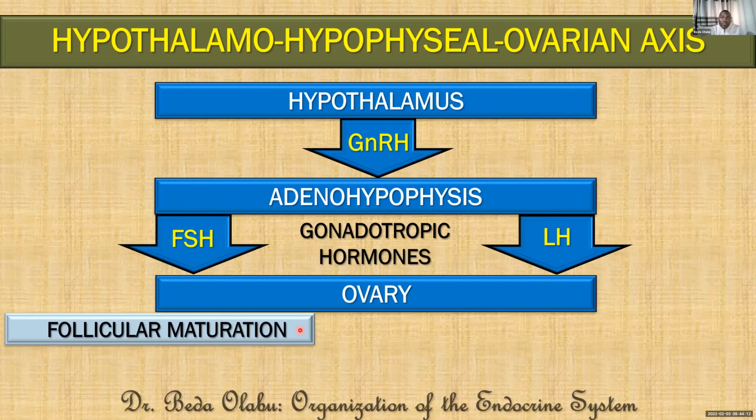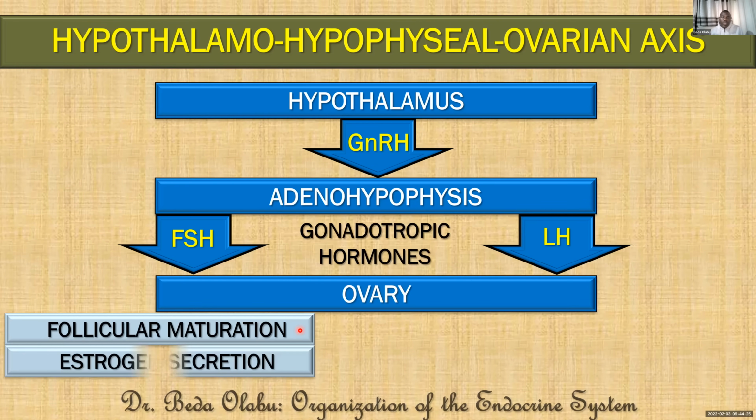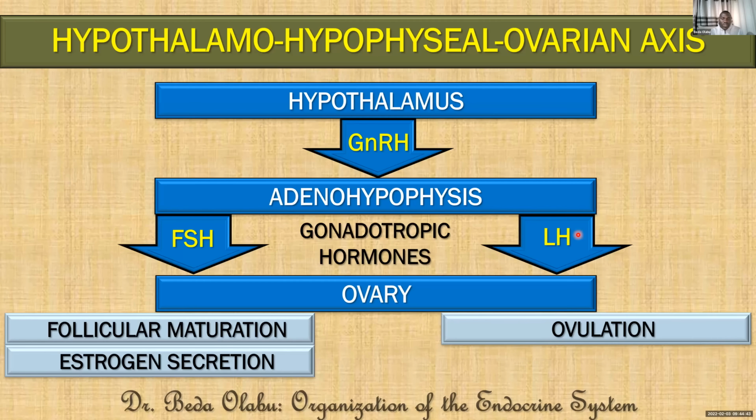As the follicle becomes bigger and bigger, the number of follicular cells or granulosa cells increases, and that means increased production of estrogen. And so FSH can be described as stimulating estrogen secretion. That is what usually happens largely in the first half of the female reproductive cycle. At mid-cycle, we have a luteinizing hormone surge, which leads to the event that causes ovulation.